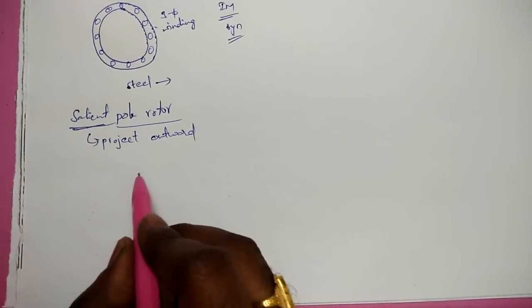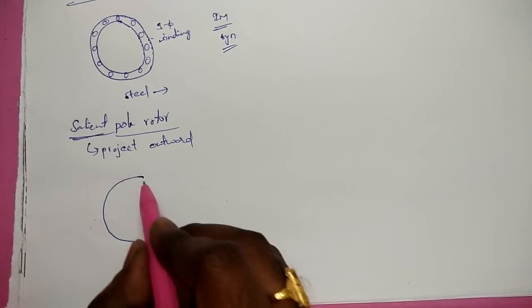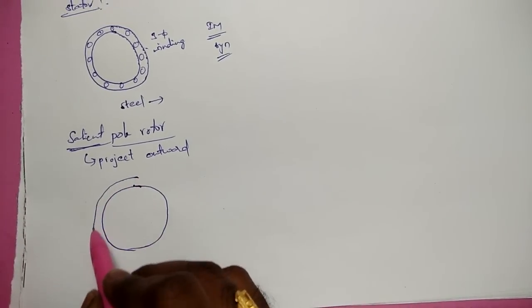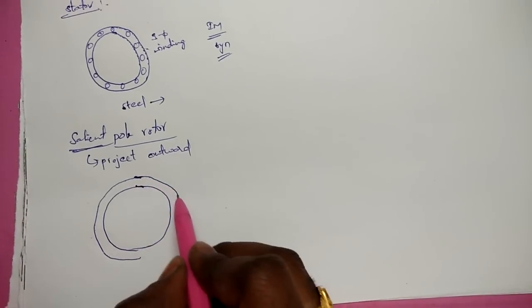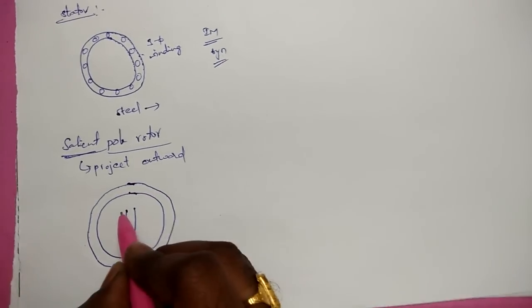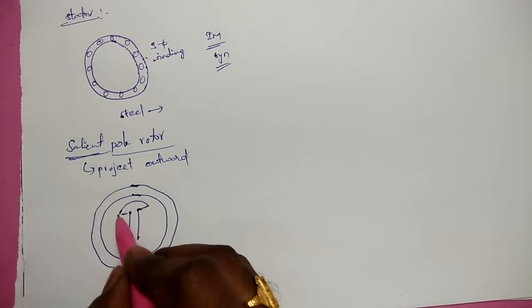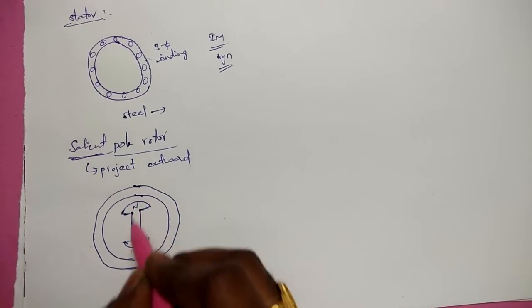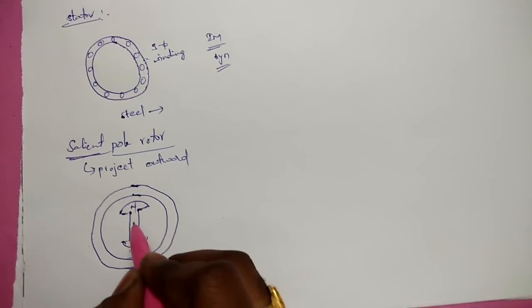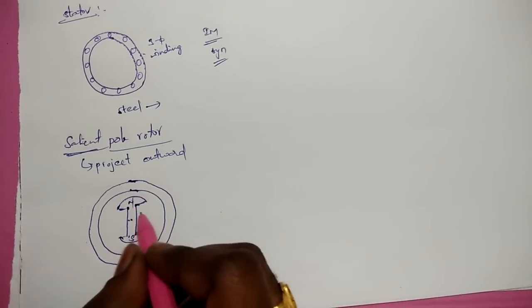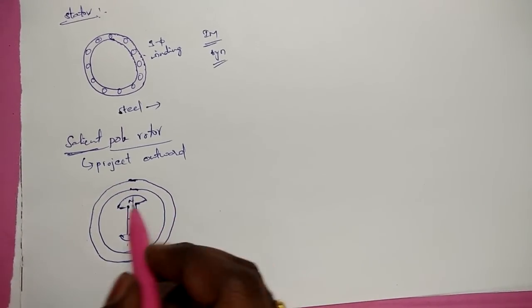That means the poles of the rotor are projecting outward from the center of the rotor. This is the stator I am drawing, and this is the rotor. These are the two poles, N and S, projecting outward from the center of the rotor. So it is called a salient pole rotor.